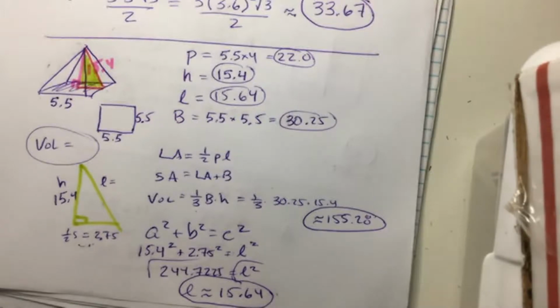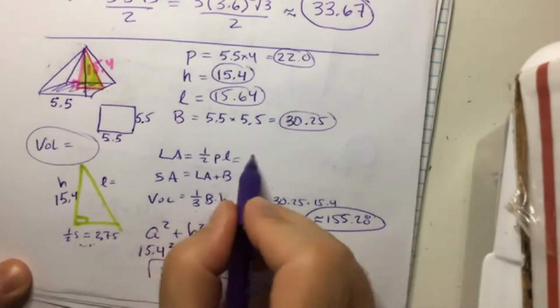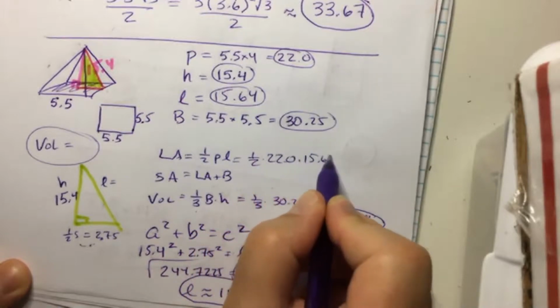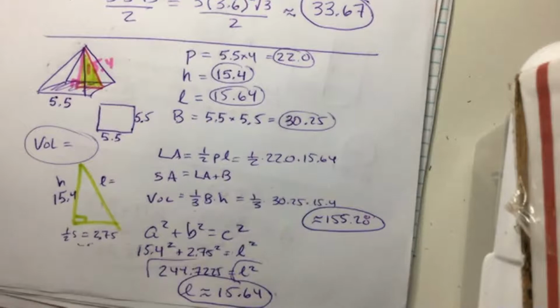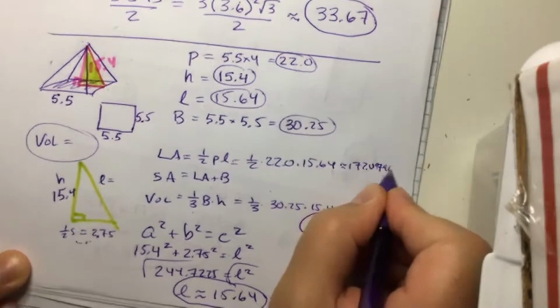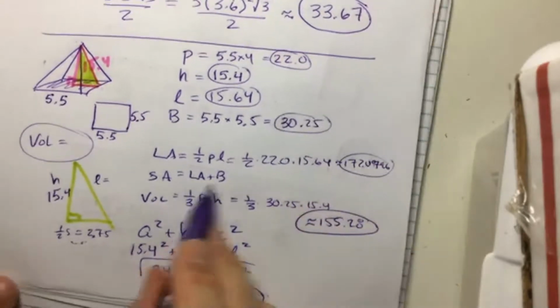If you're asked for surface area, you're going to have to find this one first. 1/2 of 22.0 times 15.64. That's 172.0796, and then add on a base.